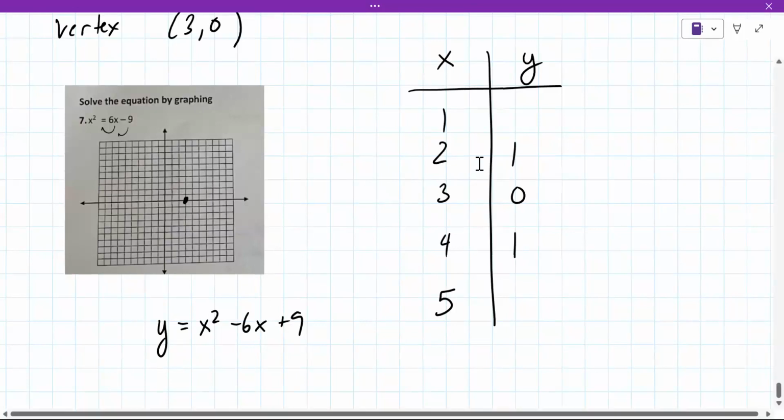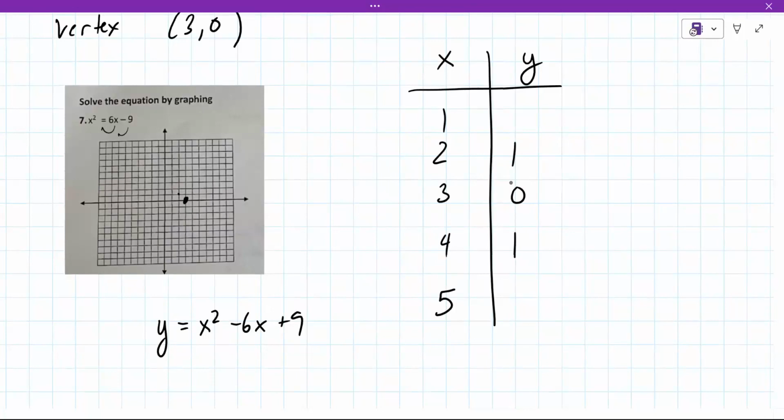If you put like 2 in for X, 4 in for X, you get 1 and 1 there. So you get some new points to graph. And then for 5 and 1, you end up getting 4 and 4. And that's what they're looking for. They're looking for 5 good points, typically.